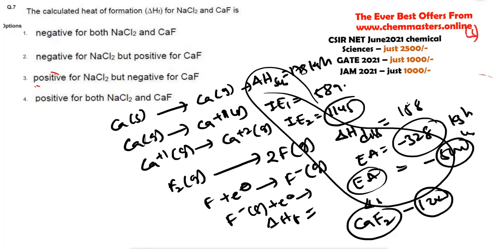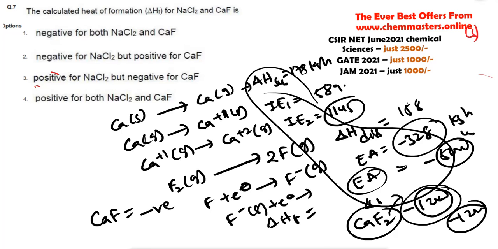So we need to take the lattice energy of the ionic compound which is observed in nature. In nature it is observed as CaF2, and for that the lattice energy is around minus 1200. Now you can get the value: the enthalpy of formation of CaF is absolutely a negative value.